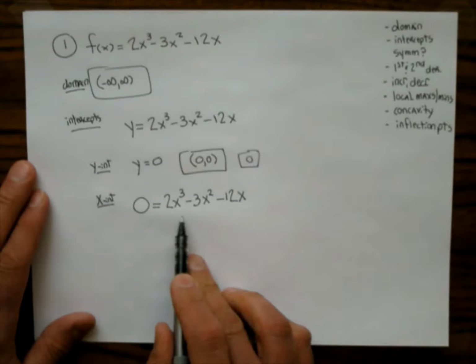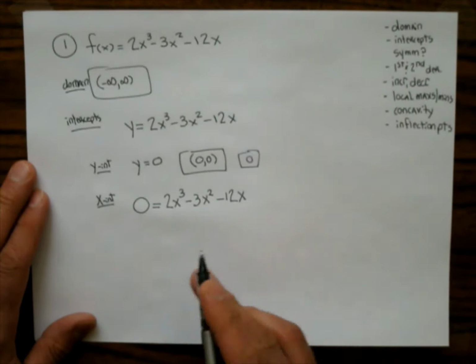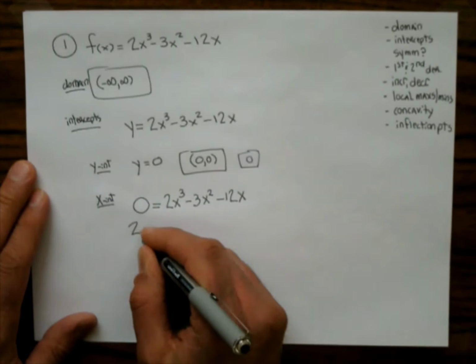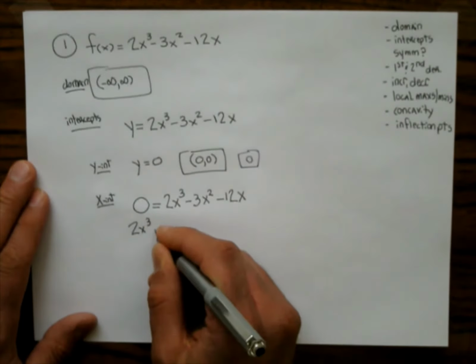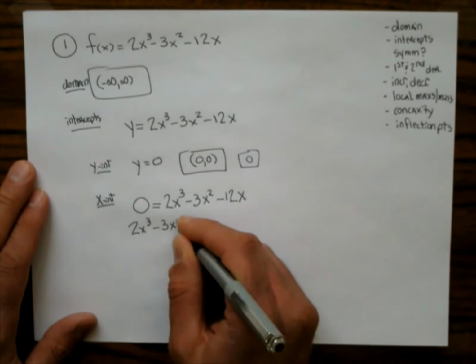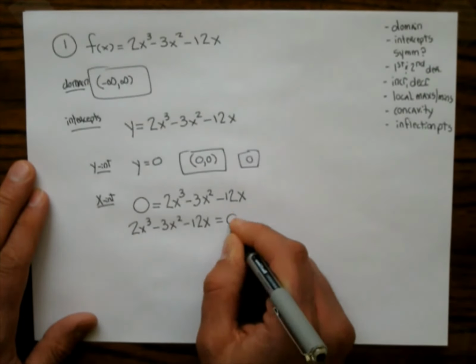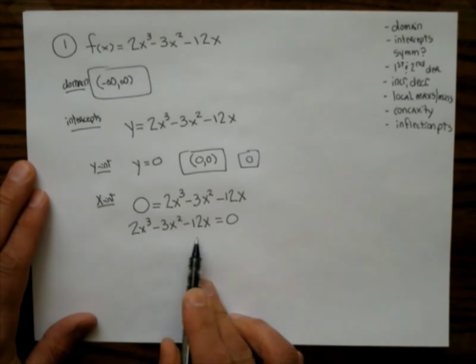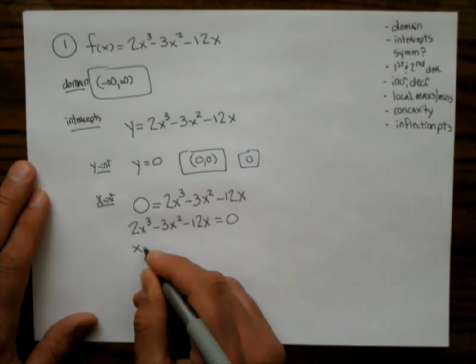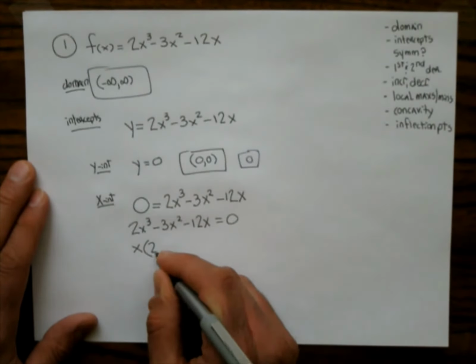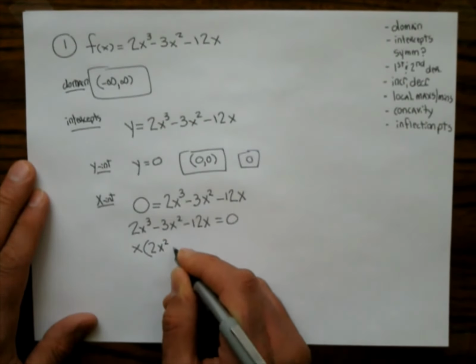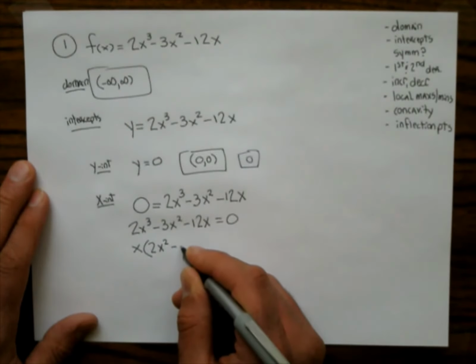I like to have this stuff on the left-hand side, so I'll put it there. 2x cubed minus 3x squared minus 12x equals 0. I'm going to factor out an x, and so when I do that, I end up getting an x times a quadratic here.